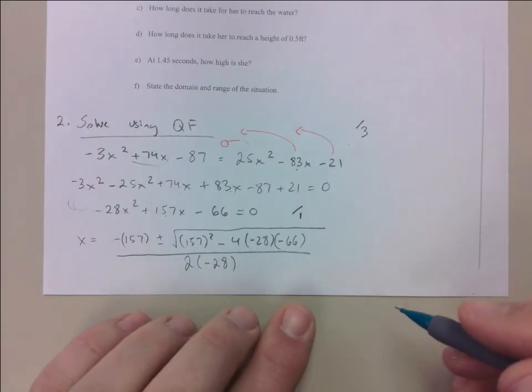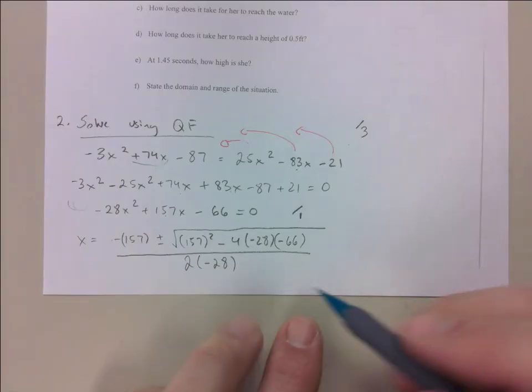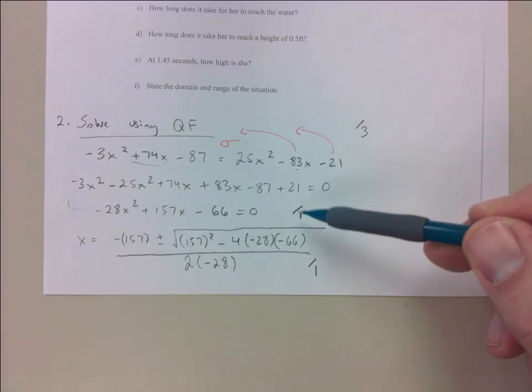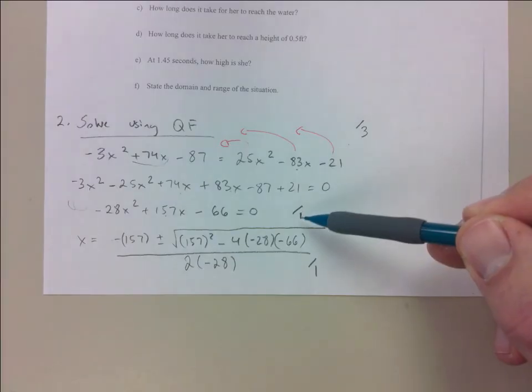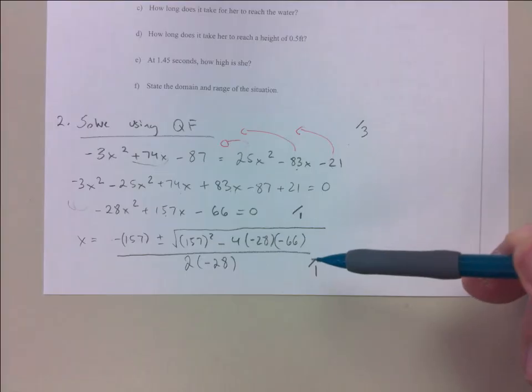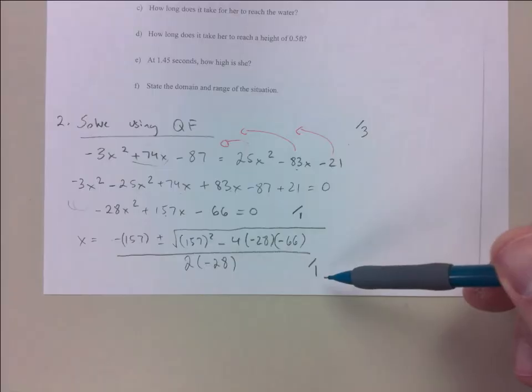Yeah, you're going to get the same answer. If you substitute it correctly, I will give you a mark for that. Like, if you made a mistake in the rewriting part, you lose a mark. You go -1. And then if I see you substituting correctly, you get a mark for that.